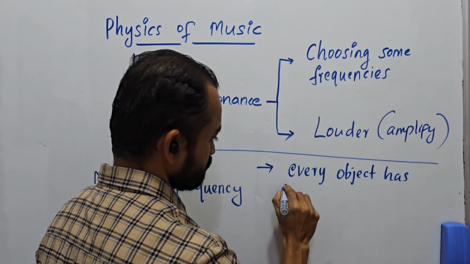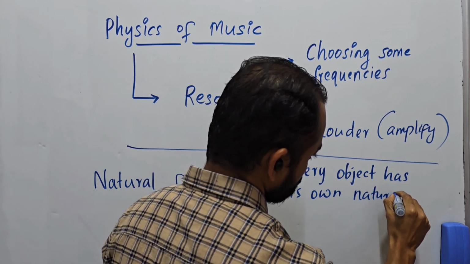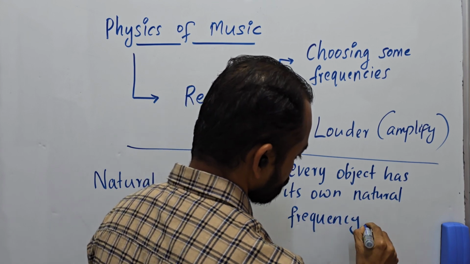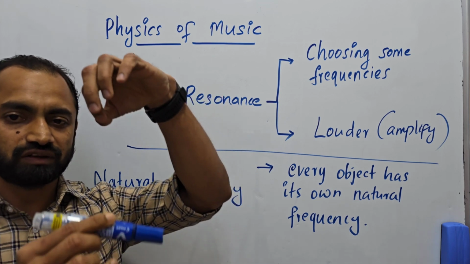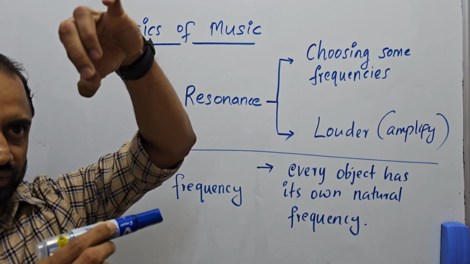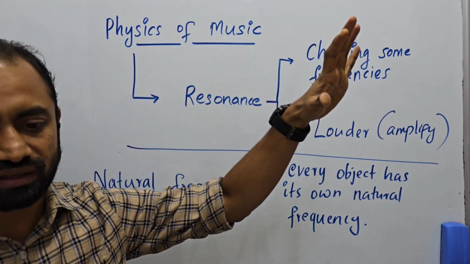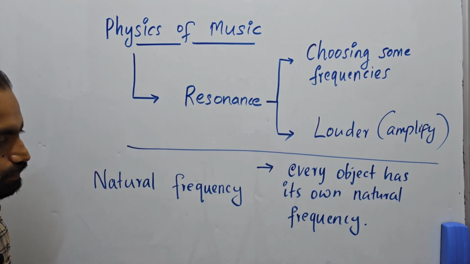For example, this marker: if I attach the marker with a thread and let it oscillate freely, then it will oscillate at its own natural frequency. So every object has its own natural frequency.